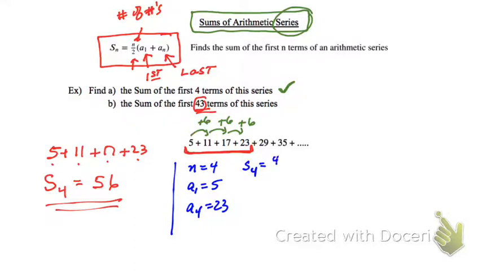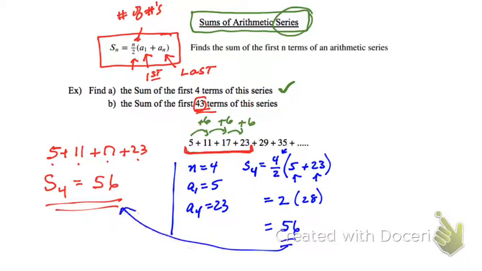I'm adding up 4 numbers, I divide that by 2. The first number I add is 5, the last number I add is 23. The first number, the last number, and how many numbers we add. Let's simplify: 4 divided by 2 is 2, 5 plus 23 is 28, 2 times 28 is 56. So we get the same answer there.